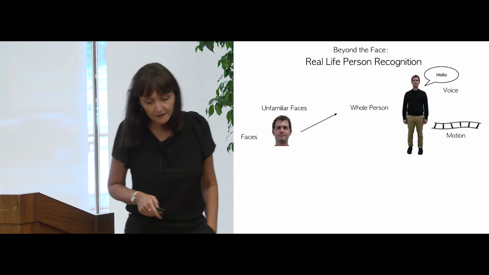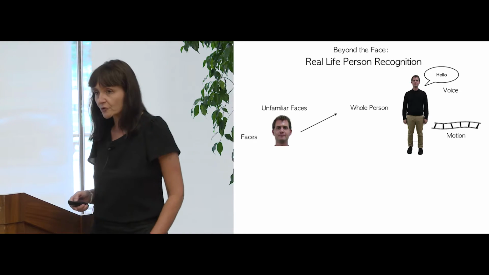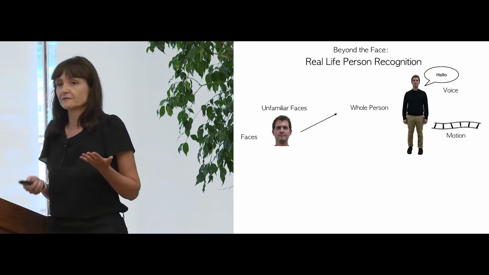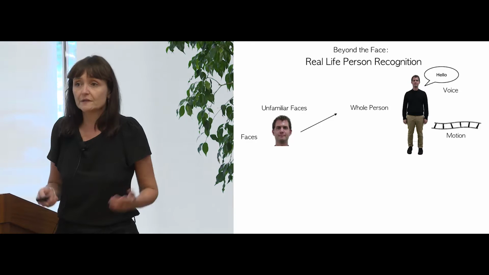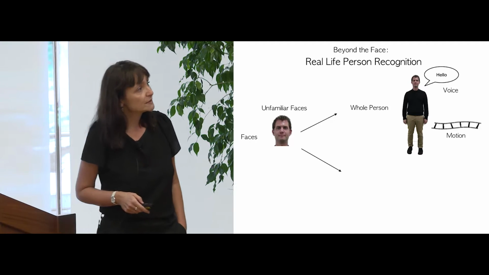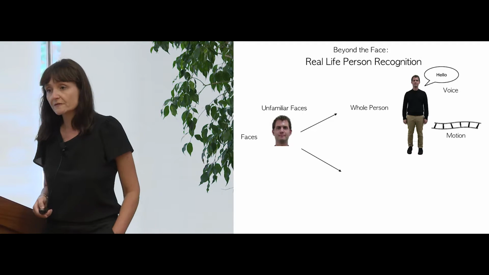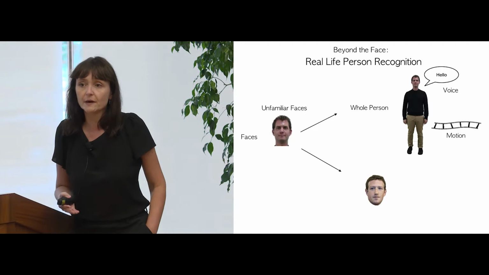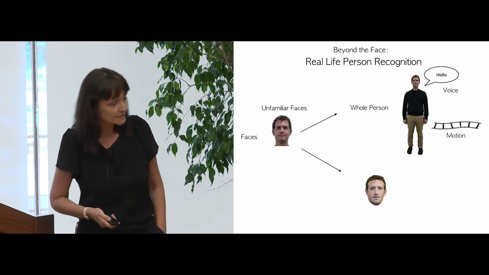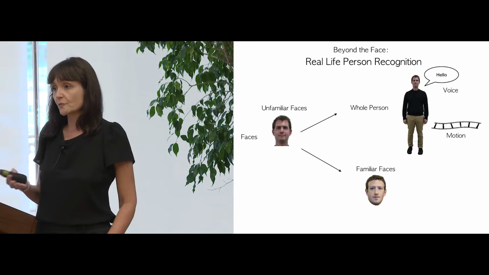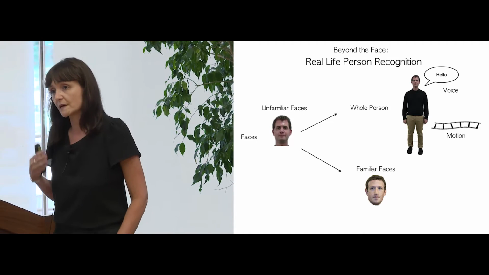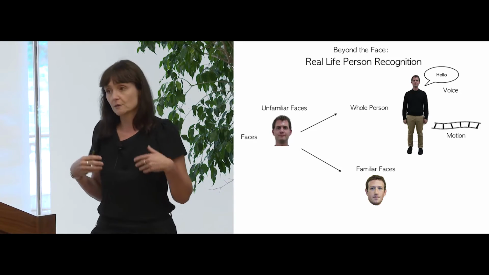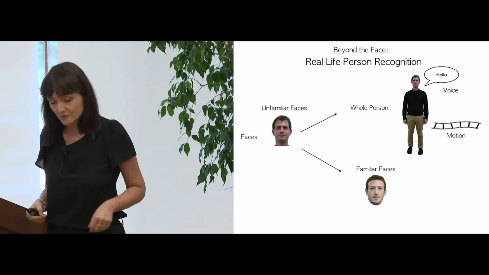Whereas in real life, unless you are working as a passport officer or as a face examiner, we hardly ever need to match two different faces or even two different unfamiliar faces. What we typically do when we see a face is we try to figure out whether it's familiar or unfamiliar. And the way we do that is by matching a perceptual representation of a face to a stored representation that we have in our memory. And based on that, we decide whether the person is familiar or not. And then we know how to behave towards that person.